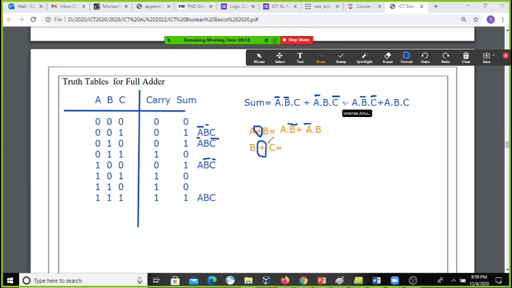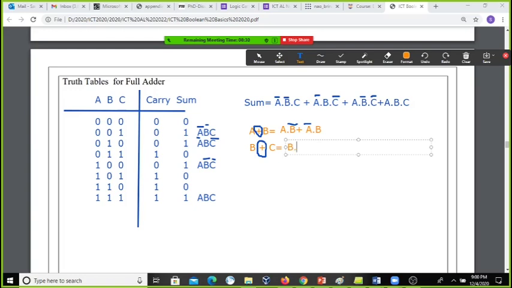If I have A exclusive B is this one, what is the expression you get? B exclusive C. What is the expression? B exclusive C should be what?